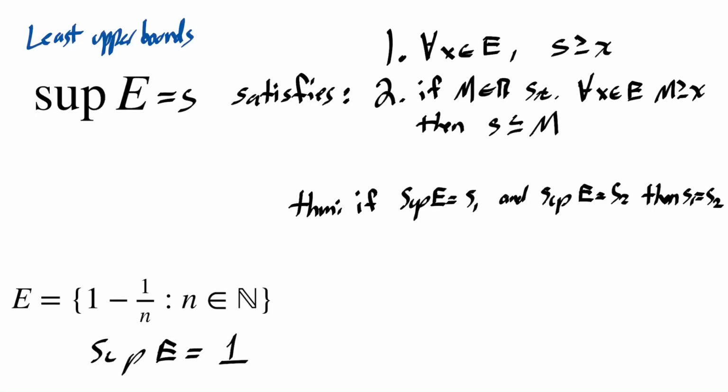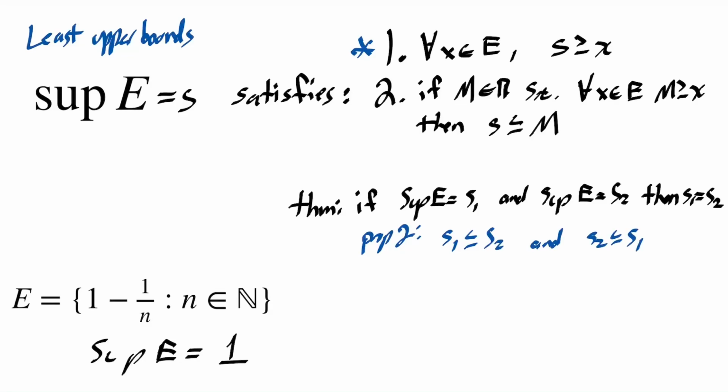Well, how would I know that these two sups have to be equal? Well, really, the heart is that both of them, both S1 and S2, satisfy property 1, right? And so property 2 says that S1 has to be less than or equal to S2 because S1 is a sup, but also because S2 is a sup, S2 has to be less than or equal to S1.